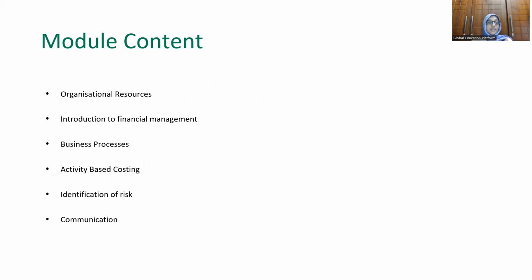So there are 6 main sections that we will be studying, as I told you, which includes the organizational resources, introduction to financial management, then the business processes, the activity-based costing, identification of resource, as well as the communication.